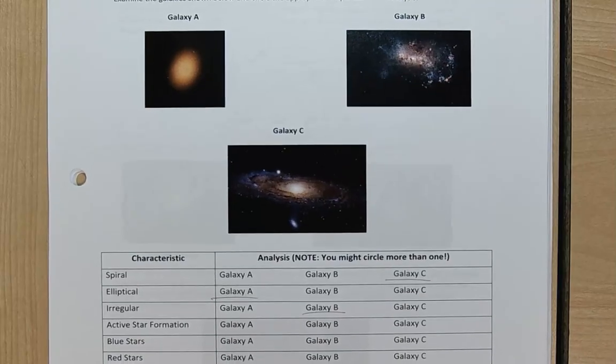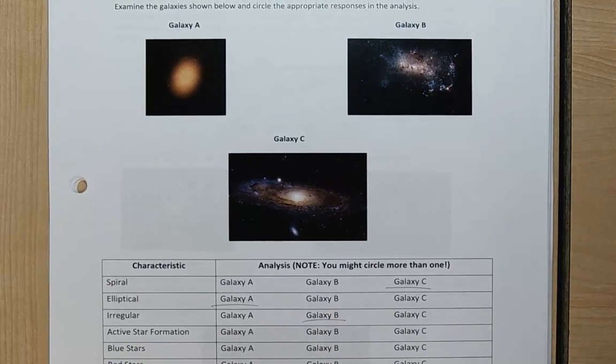Which ones have active star formation? Well, how can you tell? Look for the star-forming nebula. And how do you know you're seeing one? Because what are stars born out of? Stars are born out of nebulae, and what is that nebula made out of? Mostly hydrogen and helium.